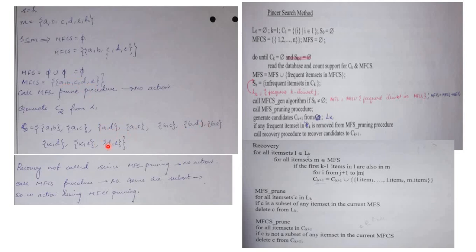So every set here is a subset of the item set in MFCS. Only when all sets here are present here does it mean this set has maximal sized items. Only then can we assure that all combinations of item sets can be produced. So that is the check that we perform: every set that is present in C should also be present in MFCS.